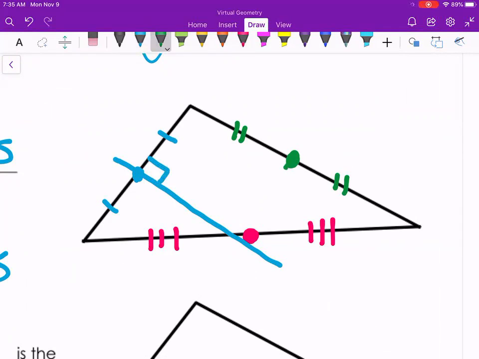So I'm going to do my best here and draw 90 degrees. Oops, I think my middle dot got a little off. Sorry, let me start that over.